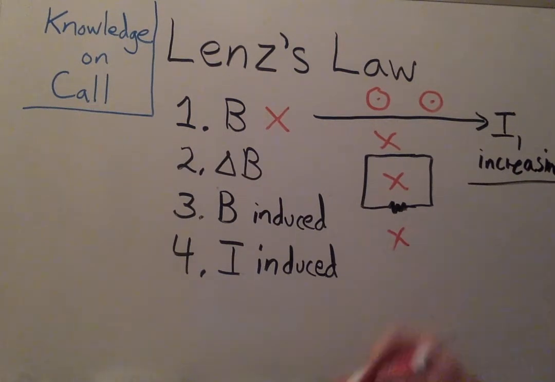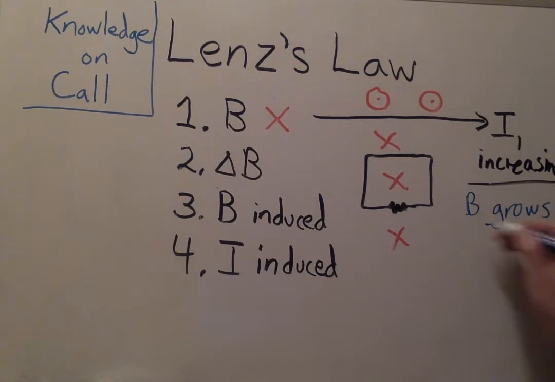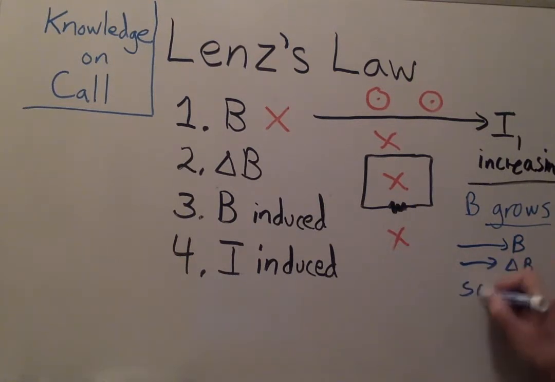Now for delta B. Since it's increasing, we expect B to grow. And if B grows, then B and delta B point the same way.